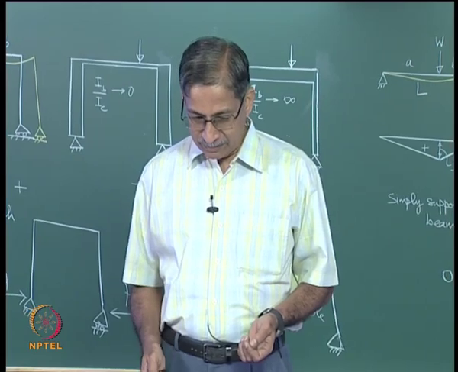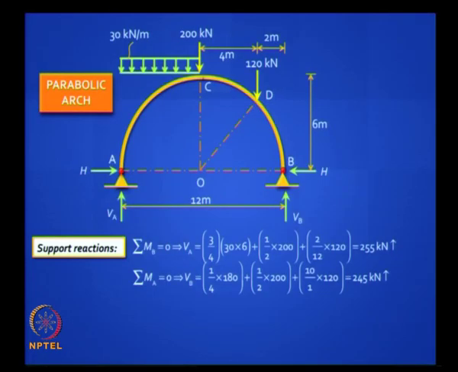If you apply that, first you have to find the support reactions, which are pretty straightforward. You should also have the ability to check the reactions. Let us take the UDL. The total load of the UDL is 30 into 6, that is 180 kilonewton. How much of it will go to the left support? 3/4 of it, and 1/4 will go to the right support.